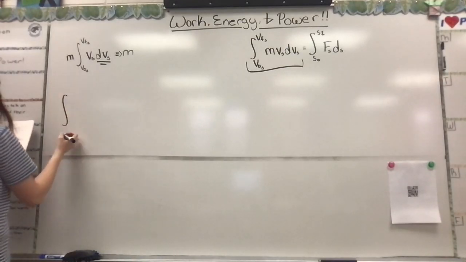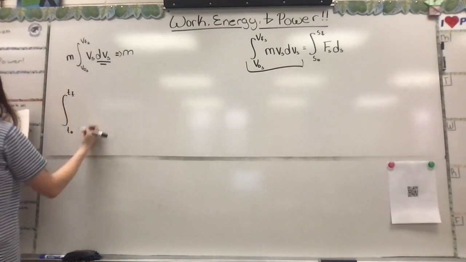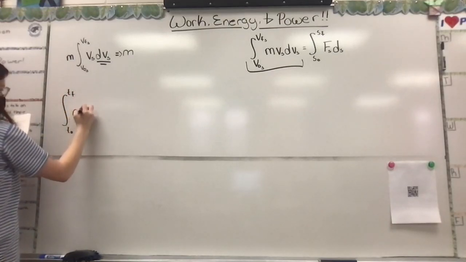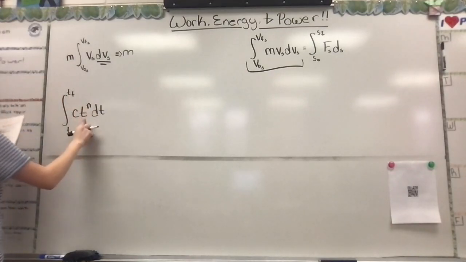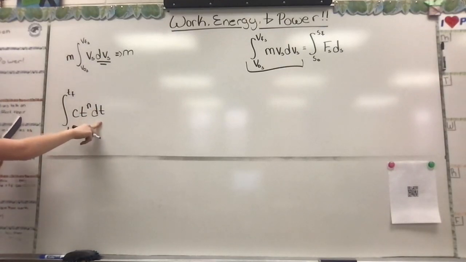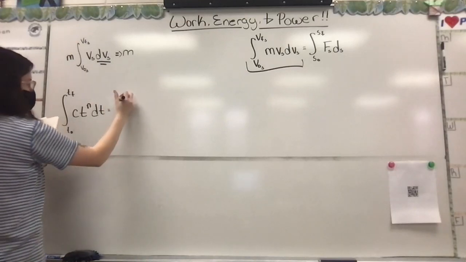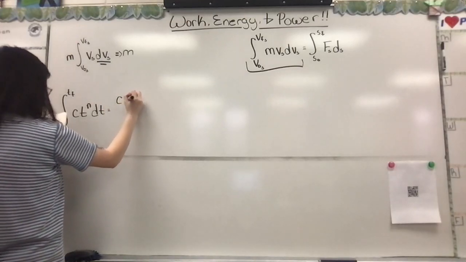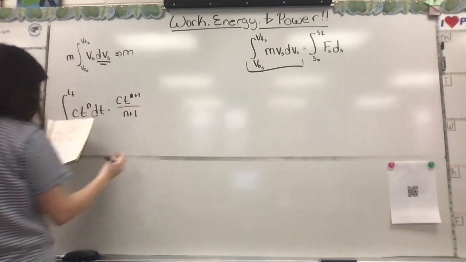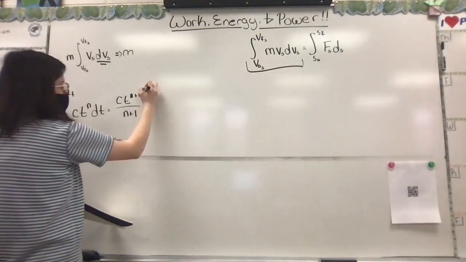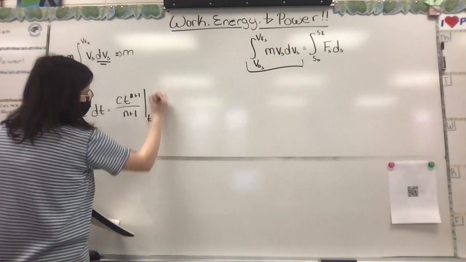So we'll just use time as an example. If we're integrating from initial to final, we've got some constant, and then we've got our variable that's showing change, right? What happens is you end up with c t to the n plus 1 over n plus 1, and it goes from whatever your initial constraint is to your final one.